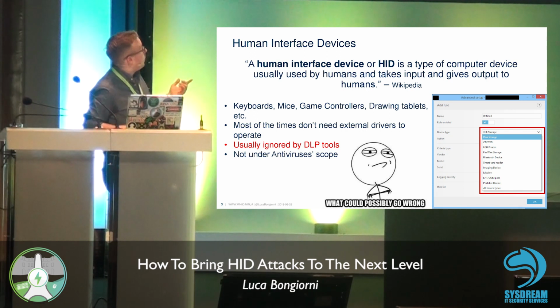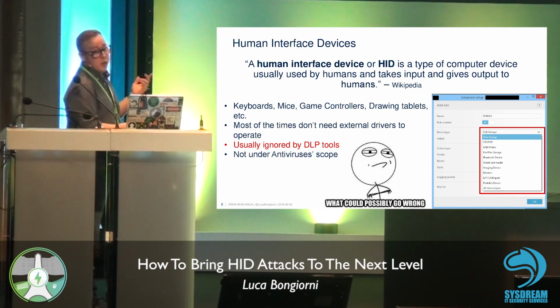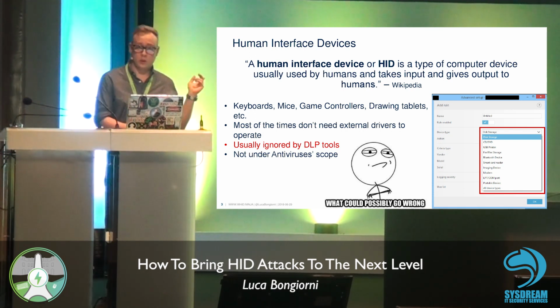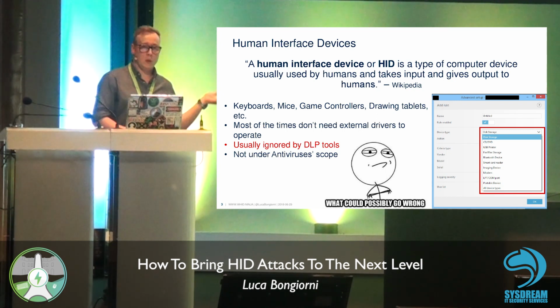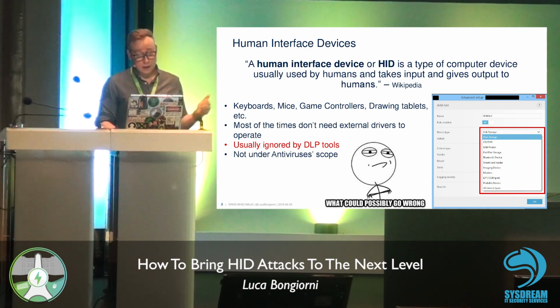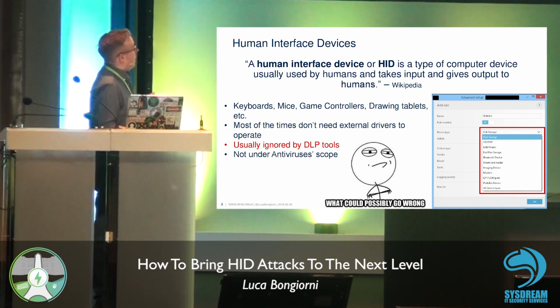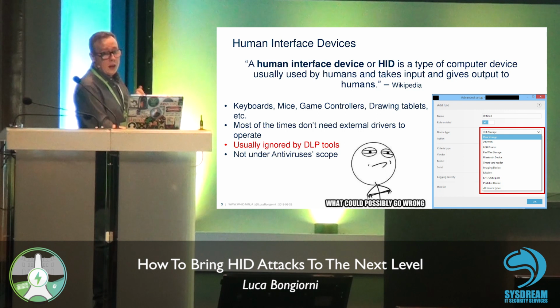Here is an example: like two weeks ago, I was checking the antivirus solution I had on my corporate laptop, and I cannot give you the name, ESET. This solution, as you can see, allows you to whitelist or blacklist, block USB devices.